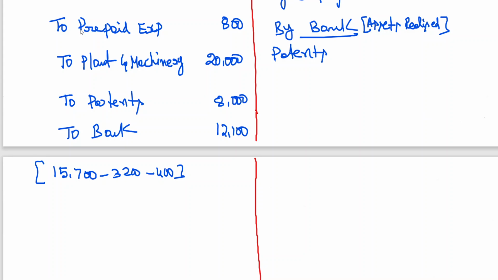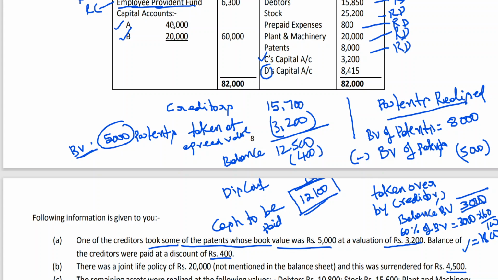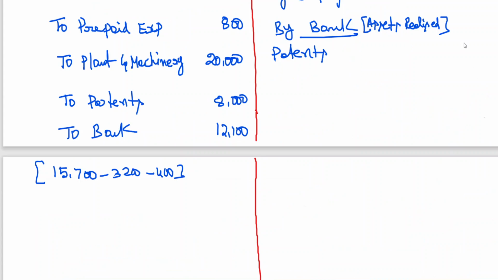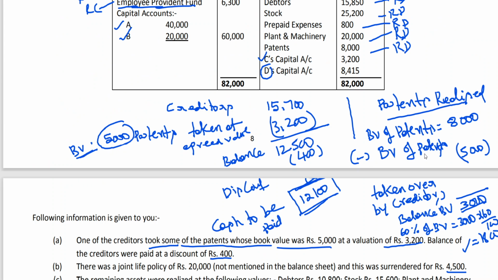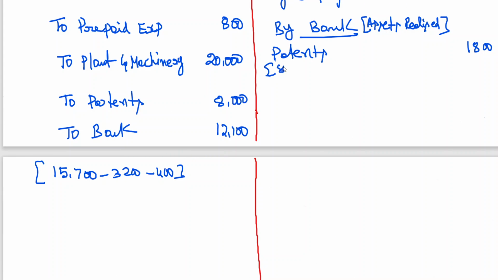Patents realized is 1,800. Do you now have clarity on how you got that amount? If you want, you can write here 8,000 minus 5,000, into 60%. 5,000 worth of patents has been taken. This I've already explained to you.